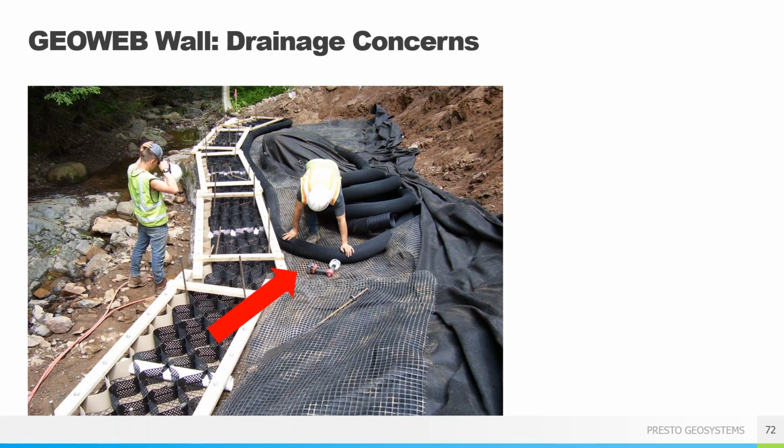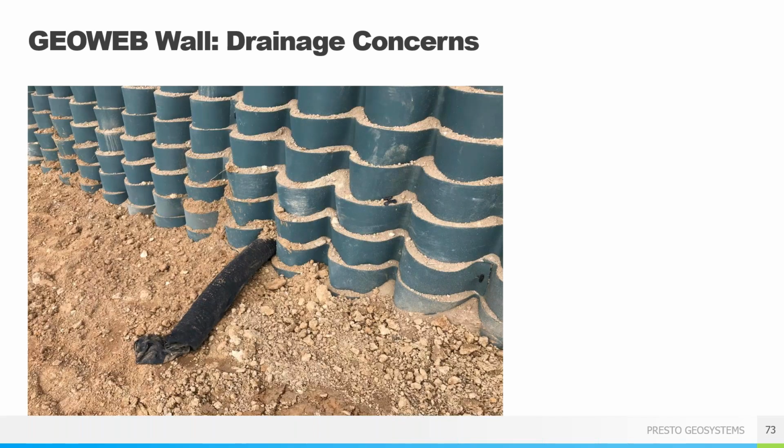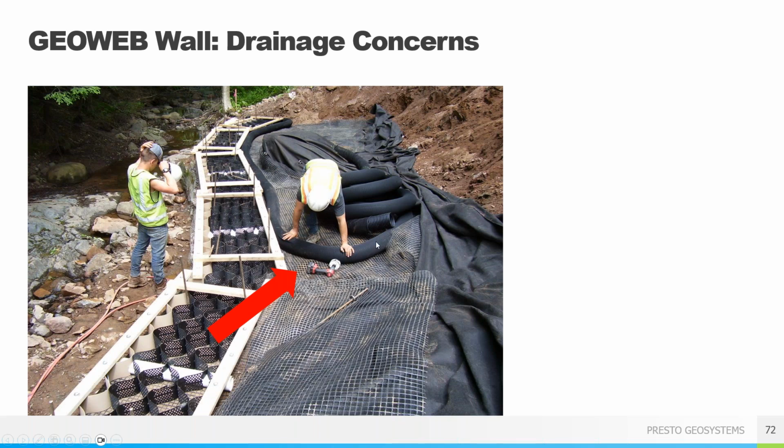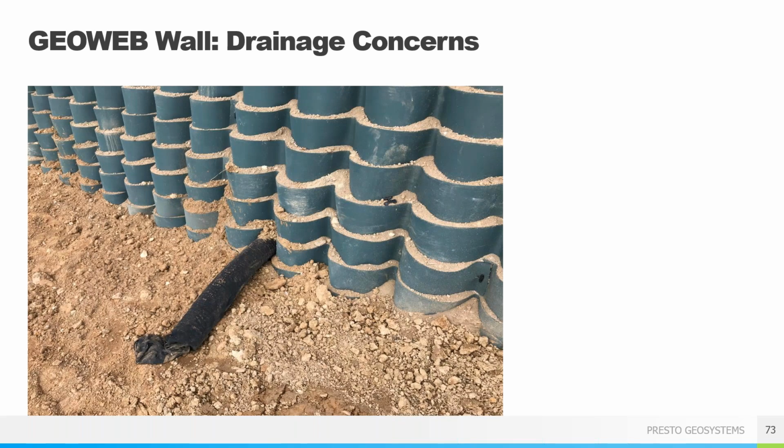But once again, like I said, we always want to make sure that we use some type of drainage pipe. Usually it's going to be a perforated pipe wrapped with a non-woven geotextile, or a perforated pipe wrapped with a non-woven geotextile inside of a trench. Very critical with any type of wall is to properly look at the drainage and make sure you account for it in your design.